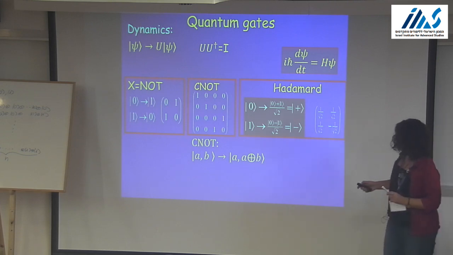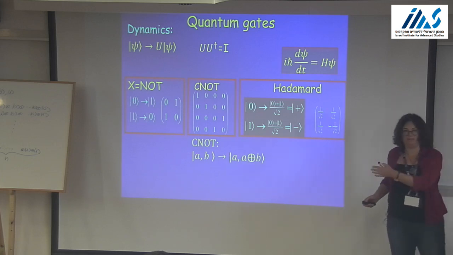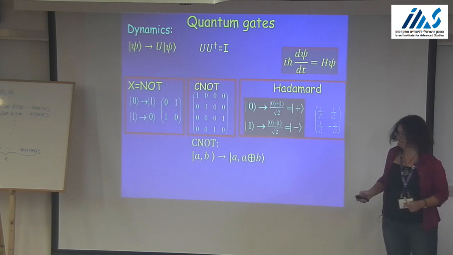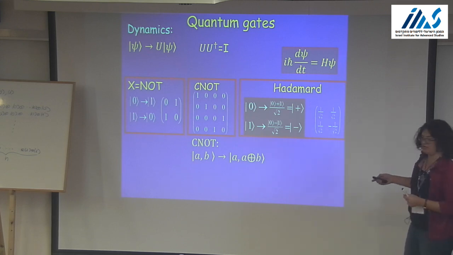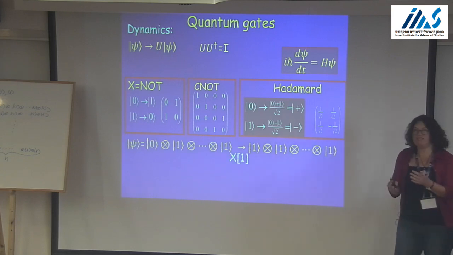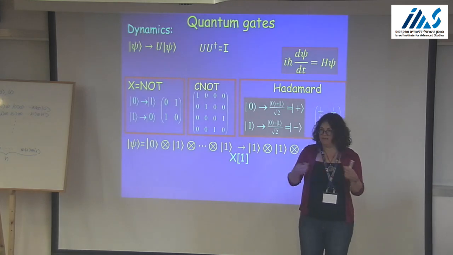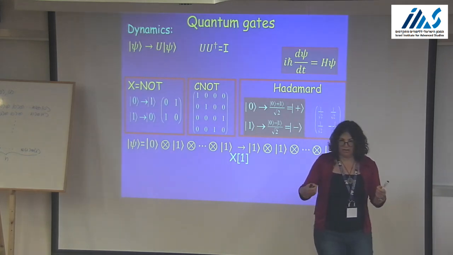Notice that if B is 0, then A0 goes to AA. It just copies the bit A to the side. So these are interesting quantum gates. How do they act on a state? Everything is linear. All we need to understand is how they act on a basis state, on a string.